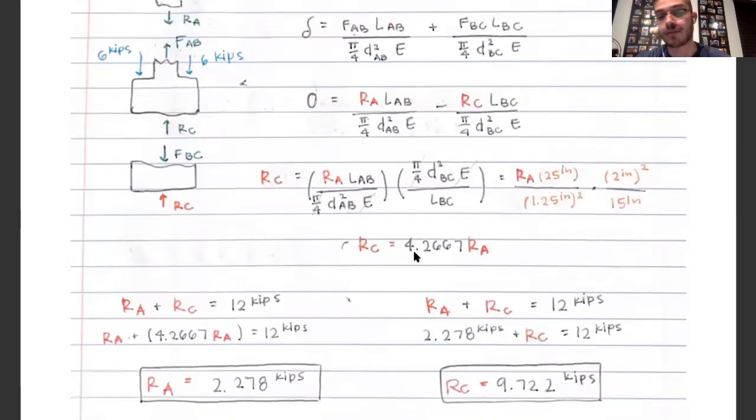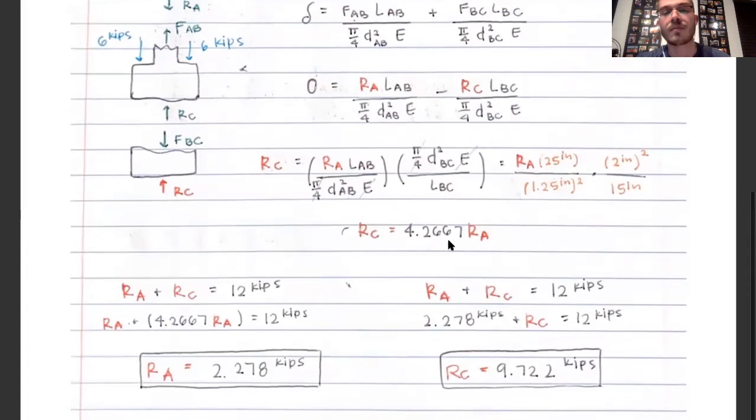If we simplify that, we're left with the reaction force of C is equal to 4.2667 times the reaction force of A.